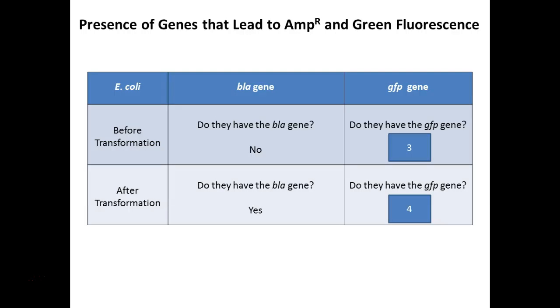After transformation, will it? Yes. Will it always? No. What does it need to actually fluoresce? Actually make the protein? No. Arabinose, because remember, this one is part of that arabinose operon that we stole.